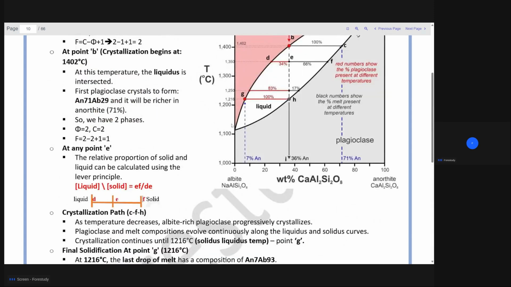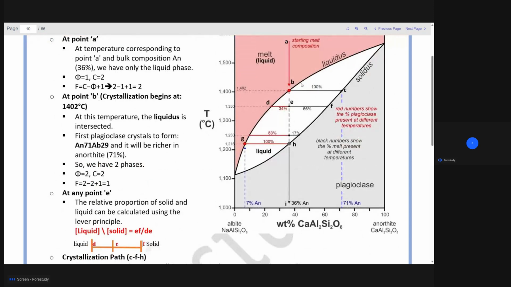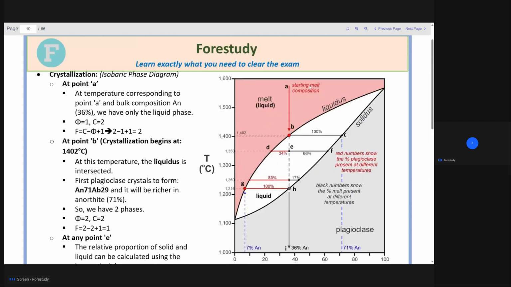If we are removing our crystal from the melt, then the final crystal that will form will be of pure albite composition. We cannot define it using this curve because we are continuously removing the crystal, and then a new bulk composition of melt will be prepared. Say this is the initial melt, it hits and then crystal forms and we separate out, then again goes here, and then we again separate out.